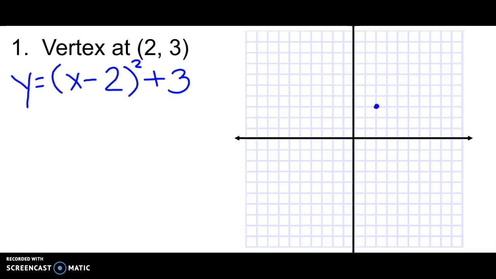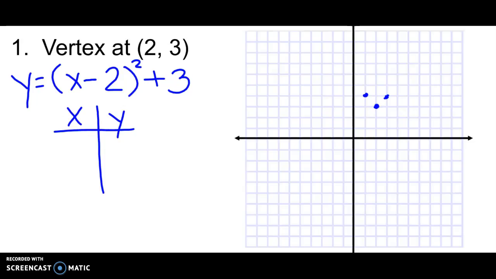Now from here, to graph the rest of it, I would like you to know the standard form of a parabola. But if you don't, you can go into your table and you can make one if you have that on your calculator. So you can either make a table, or you can just know if you go from the vertex, you go over 1 and up 1 in either direction to make your parabola. That means x squared, right? 1 squared is 1 also.